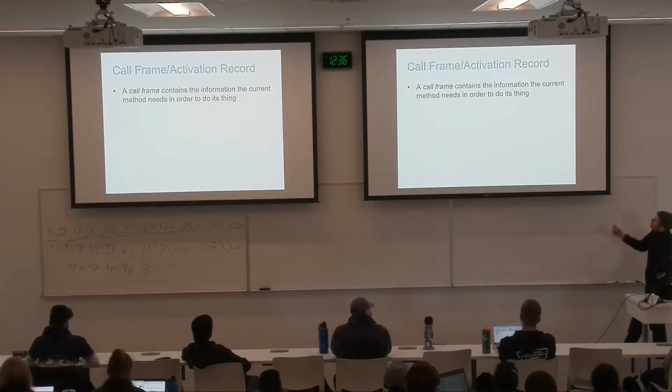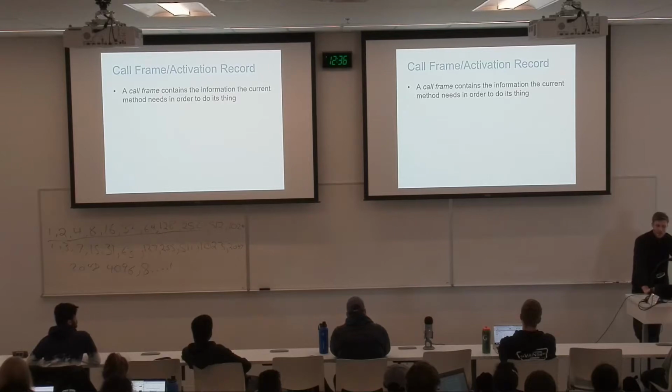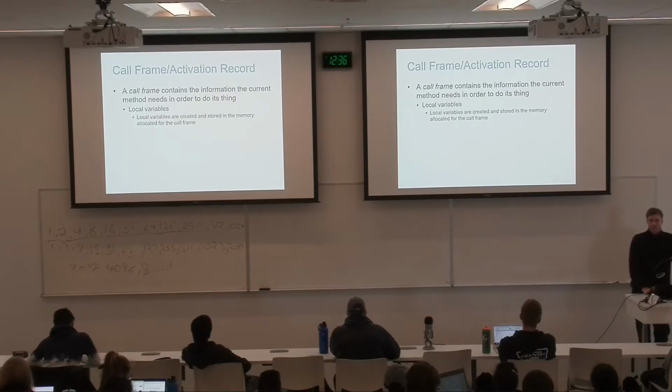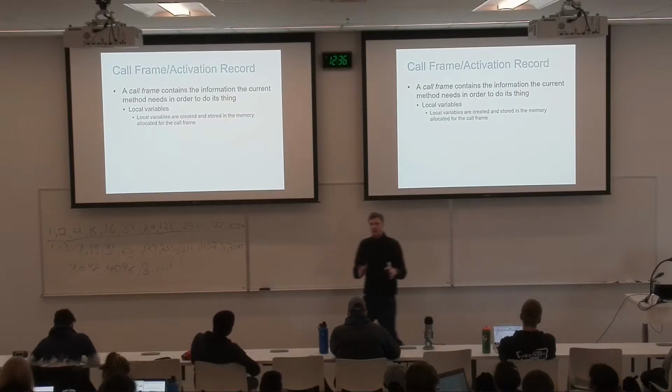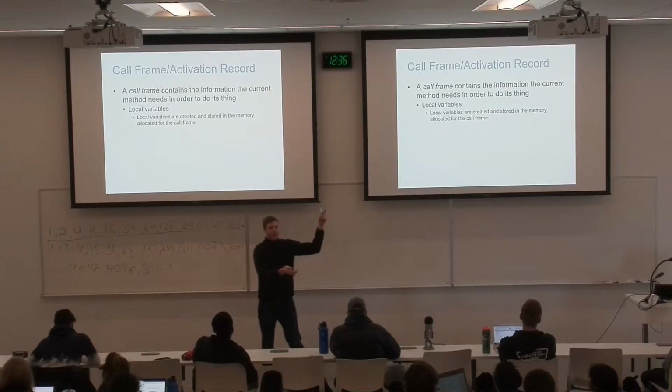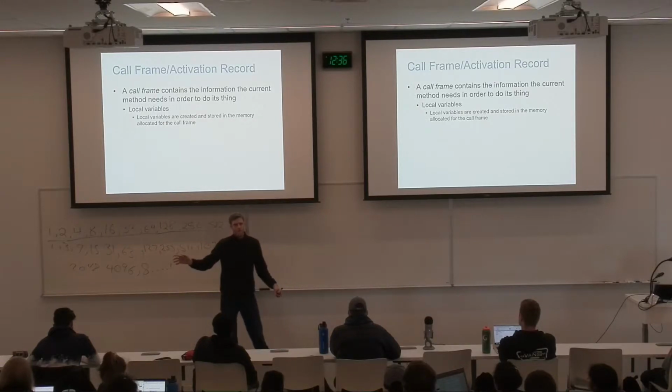A call frame contains the information the current method needs in order to do its thing, like the local variables, the ones that are created and stored in memory within that function. The stuff that it needs to know. Those local variables, assuming they're in static memory, once that function's done and we need to go back to where the function was called, and the frame gets thrown off the top of the stack, those local variables are destroyed by C++.